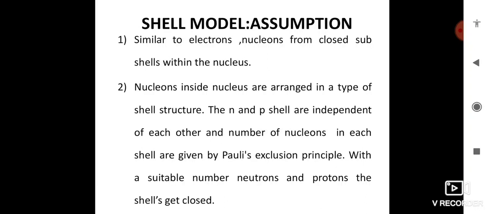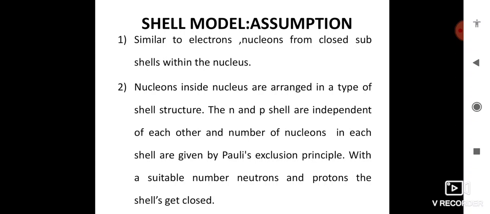Here, nuclear energy levels are represented in the order of increasing energy, like 1s, 2p, 3d, 2s, 4f, 3p, 5g. This number represents the values of n.